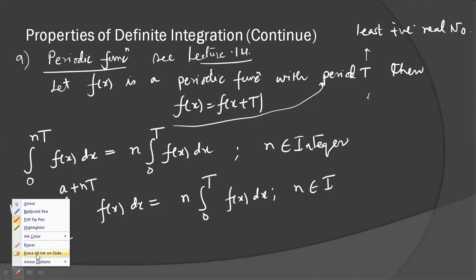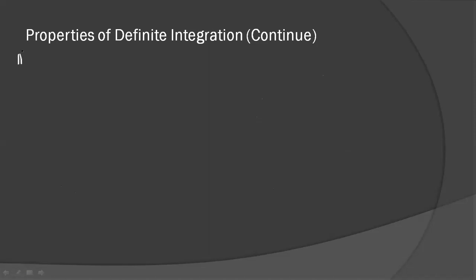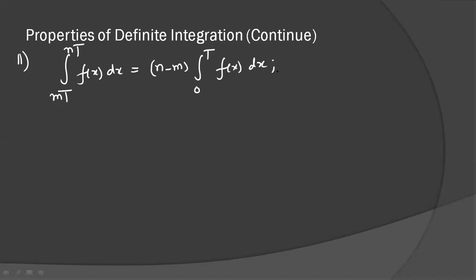We have two more properties on the periodic function. If we have the integral from mT to nT of f(x) dx, where m and n both are integers and T is the period of the function, then it is (n − m) times the integral from 0 to T of f(x) dx. Remember here, n and m both are integers and T is the period.